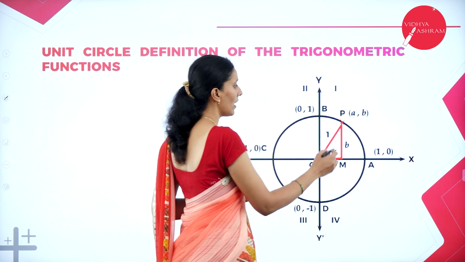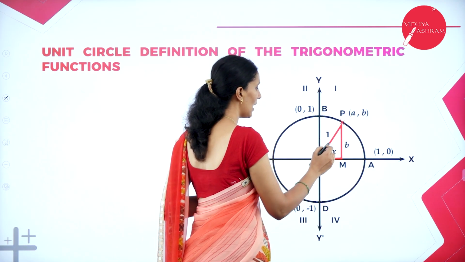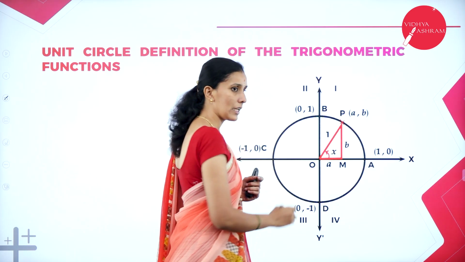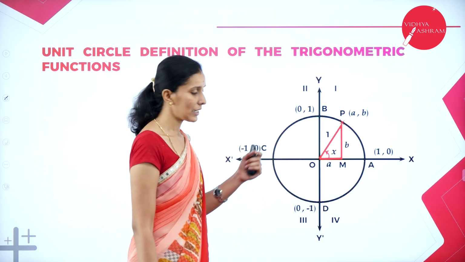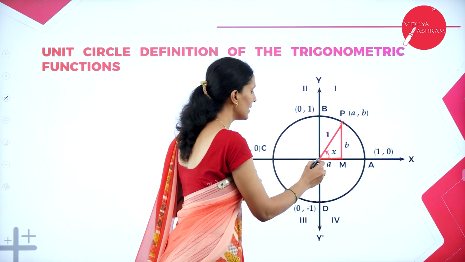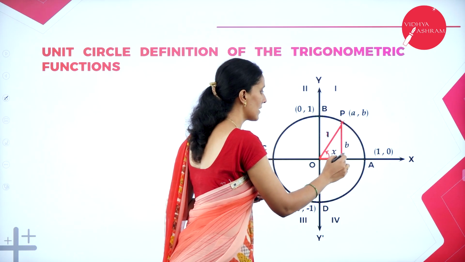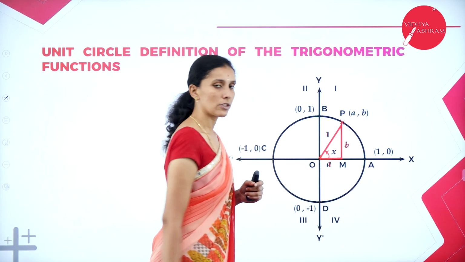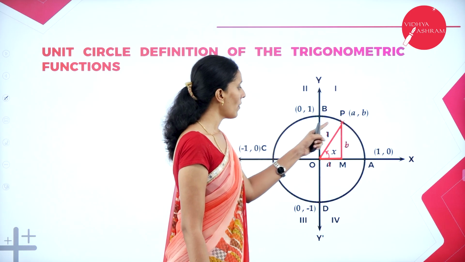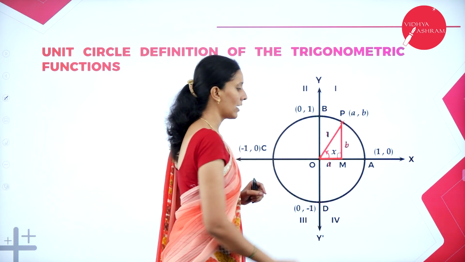I have joined the line OP, which is the radius of the unit circle, so its value is 1. This distance is the x coordinate and this distance is the y coordinate. So now I have taken this right angle triangle.